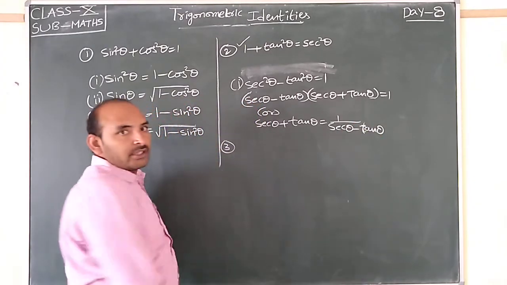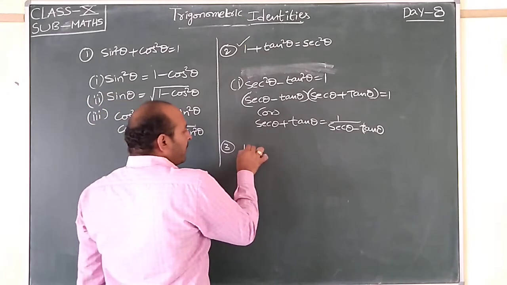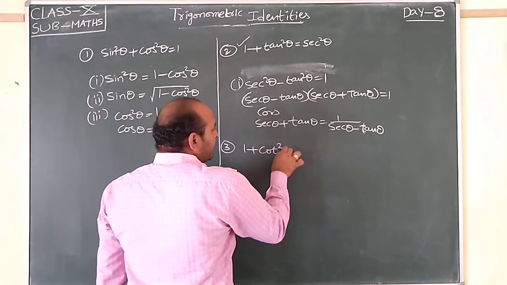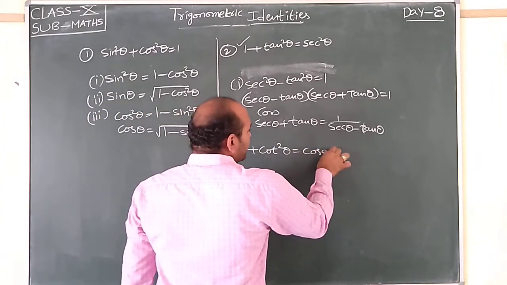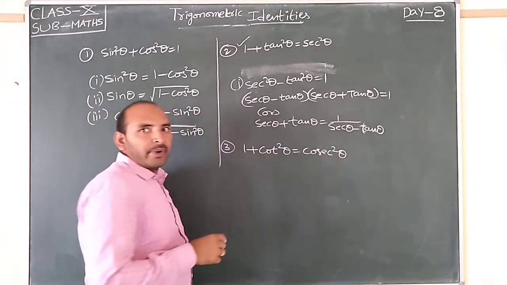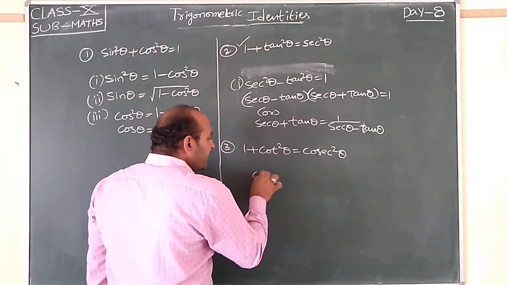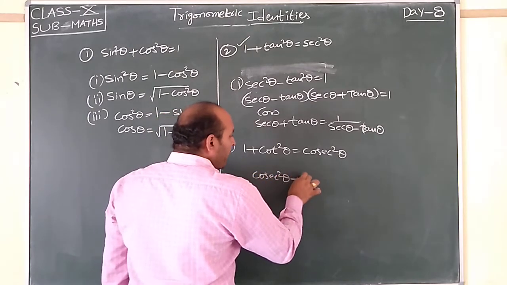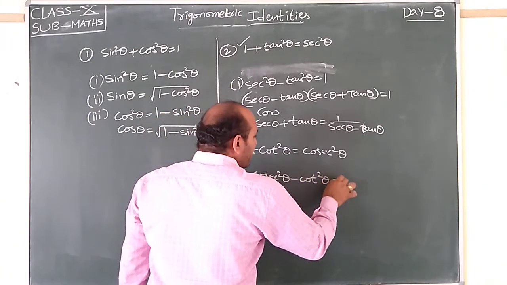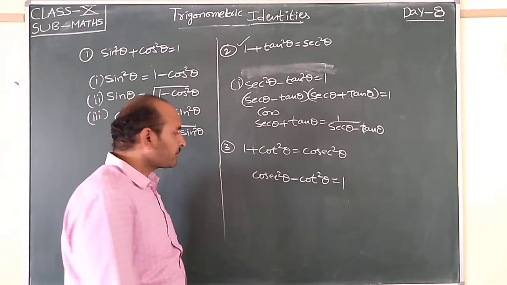Next, what is the third identity? 1 plus cot square theta is equal to cosecant square theta. This property can be written as cosecant square theta minus cot square theta is equal to 1.